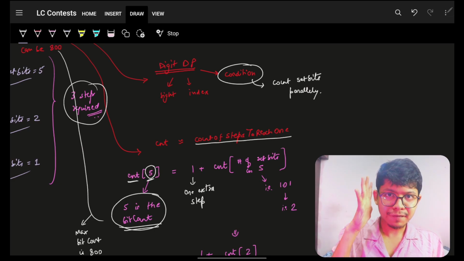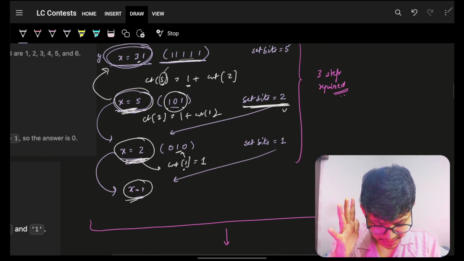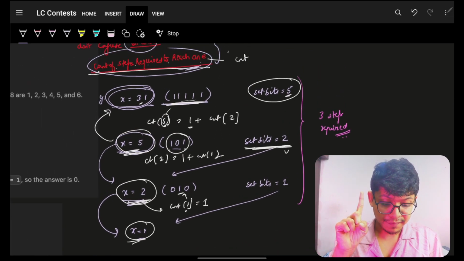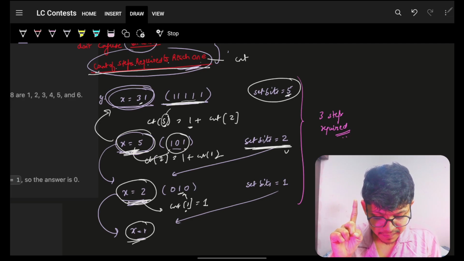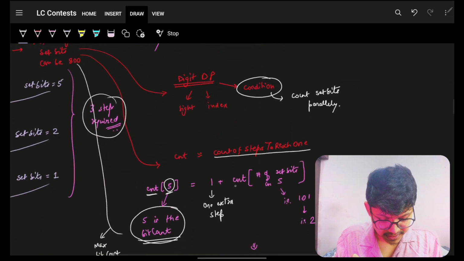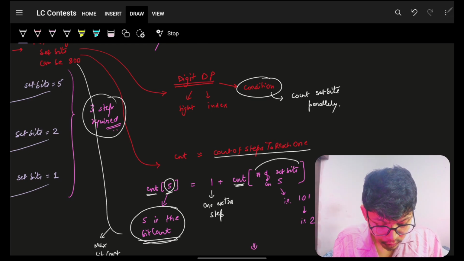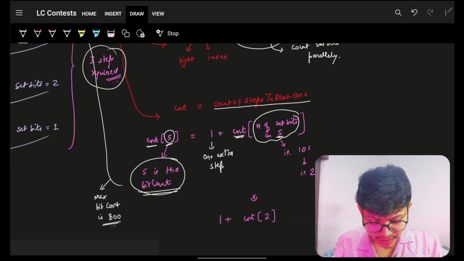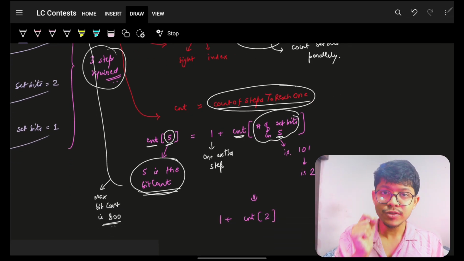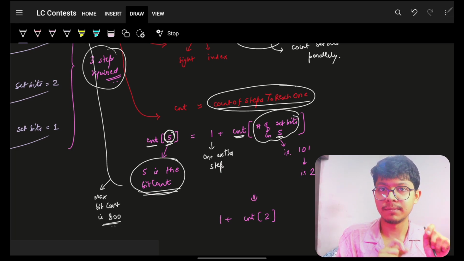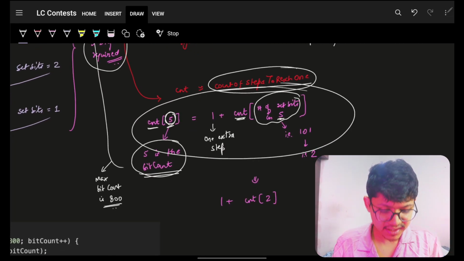Obviously, if I had 5 bits which are set, it will say that my value is 5, and ultimately 5 as a value will have 2 bits. So ultimately I am saying the same thing, count, but now the number of set bits in this value which I have. And this is actually the relation to get you the count of steps to reach 1 for any number of set bits. Cool. So we will use this relation.